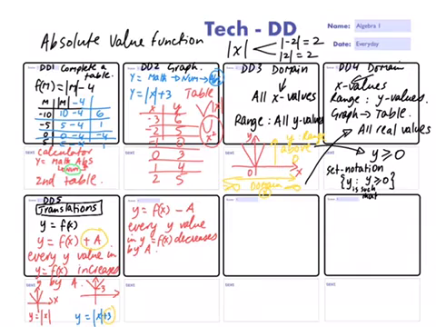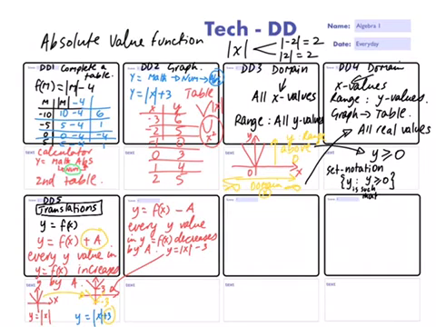So if we were to draw y is equal to mod x minus 3, I'll put that down here. The graph will move. So we'll take this as a standard graph and reduce everything by 3. So your graph will come down here at negative 3.